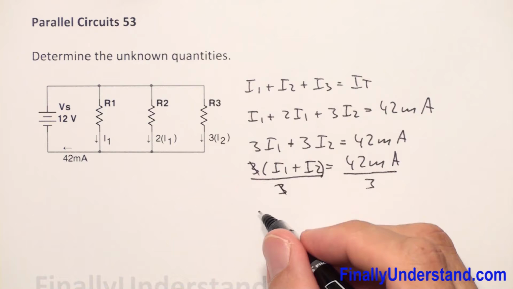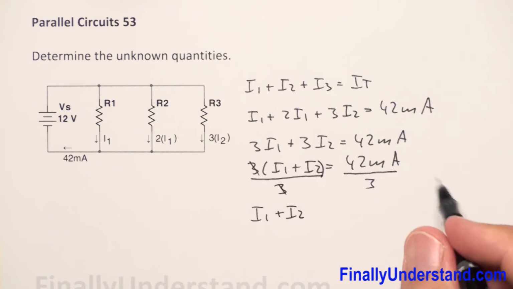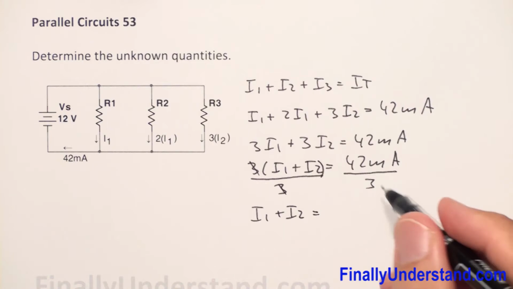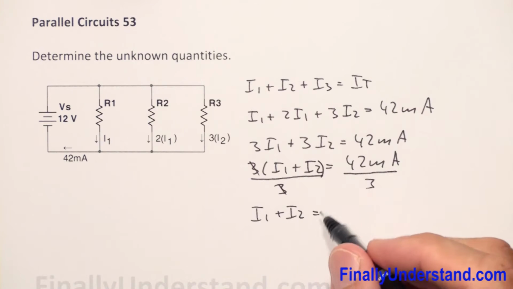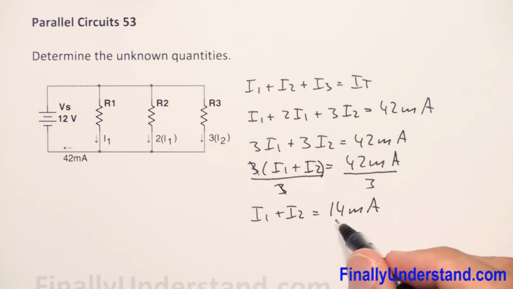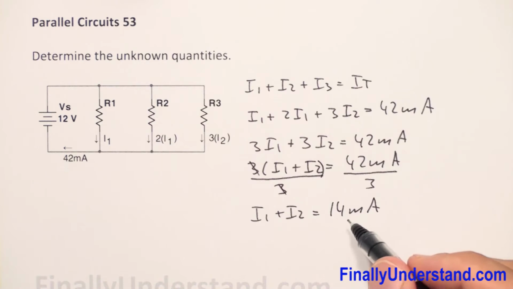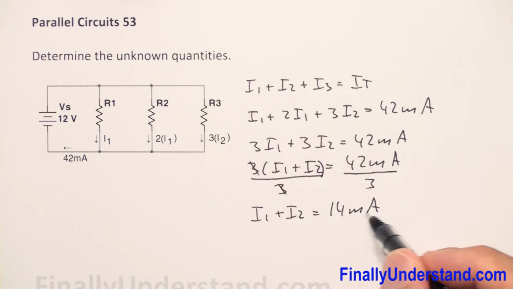So I have I1 plus I2 is equal to 42 milliamps divided by 3, which is equal to 14 milliamps. So the sum of two currents, I1 plus I2, is equal to 14 milliamps.